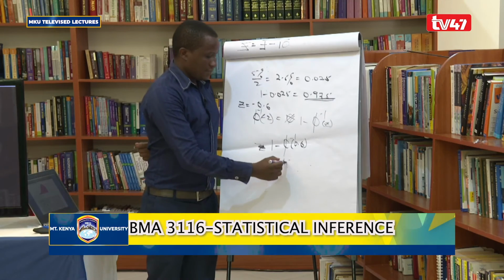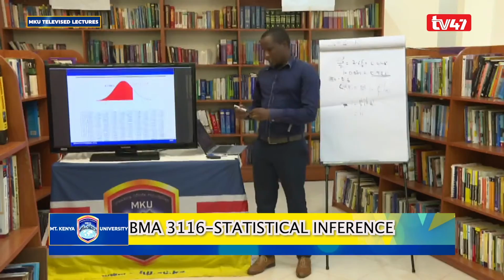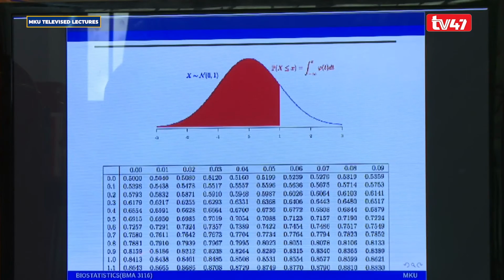So this is the same as 1 minus, if you look at 0.6 here, then we have 0.7691.